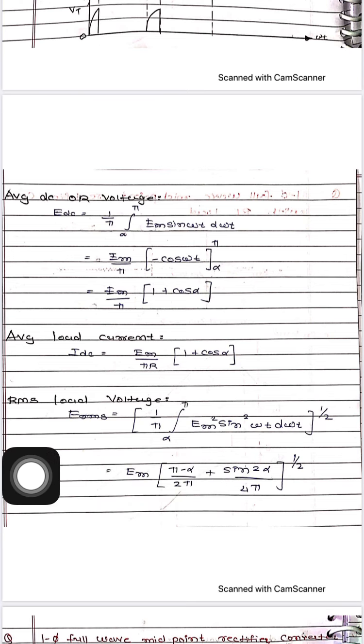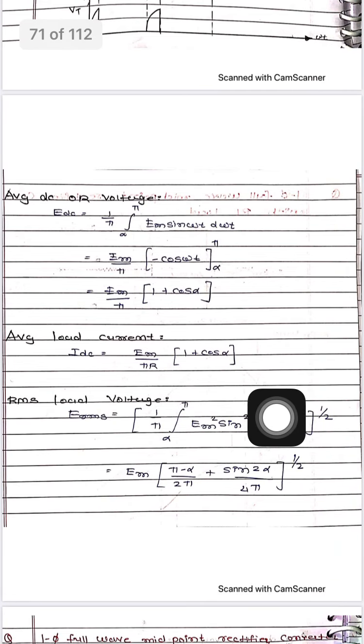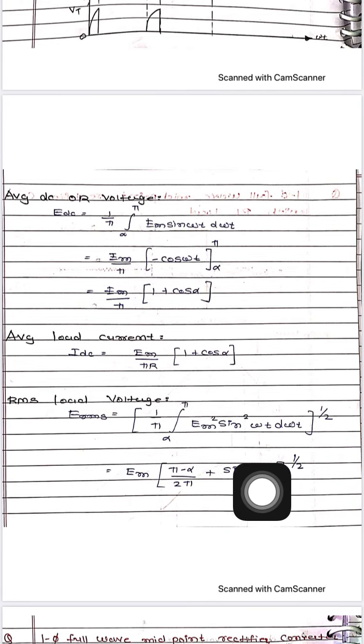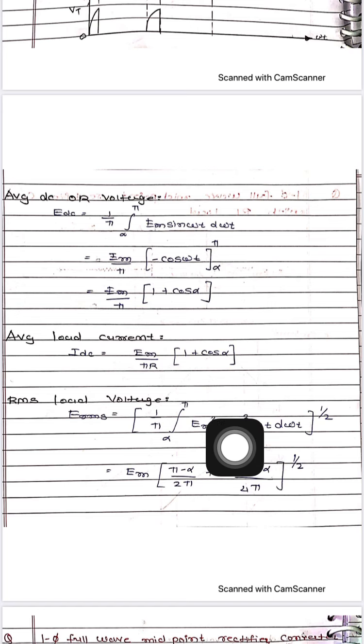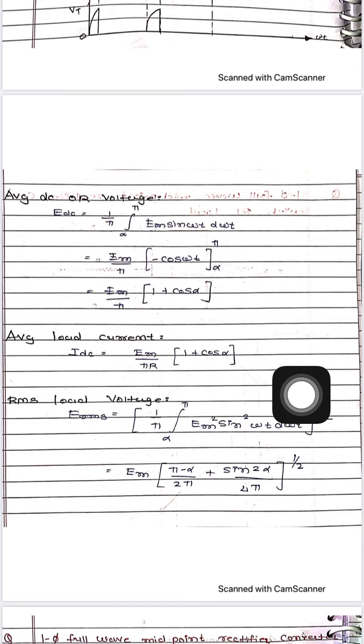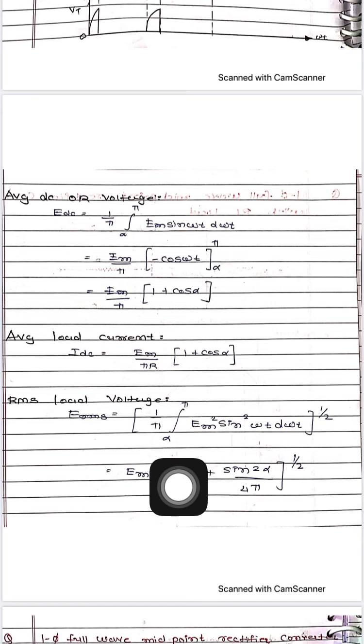Sin square omega t is 1 minus cos 2 omega t divided by 2; if you want to refer to the further steps, refer to my previous video.